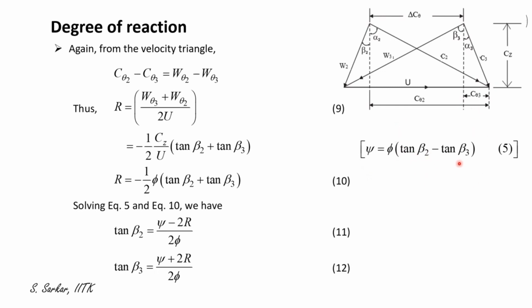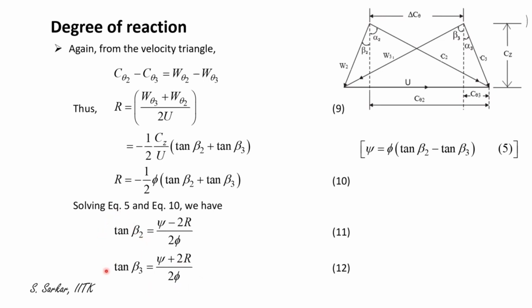Thus, from equation 10 and equation 5, by solving these two equations, I can write tan beta 2 is equal to xi minus 2r divided by 2 phi, and tan beta 3 is equal to xi plus 2r divided by 2 phi.